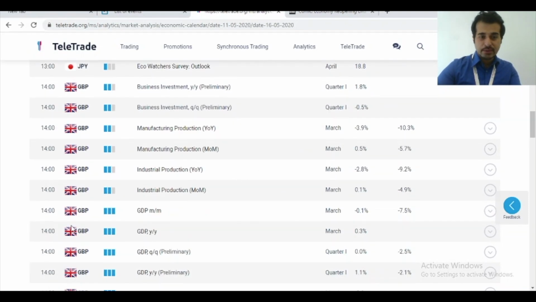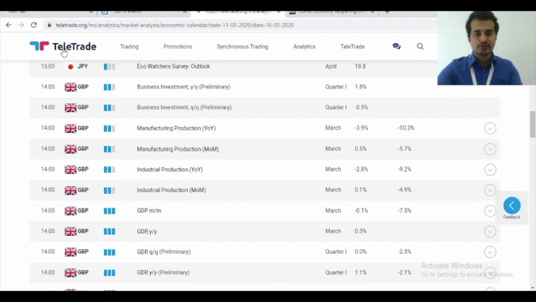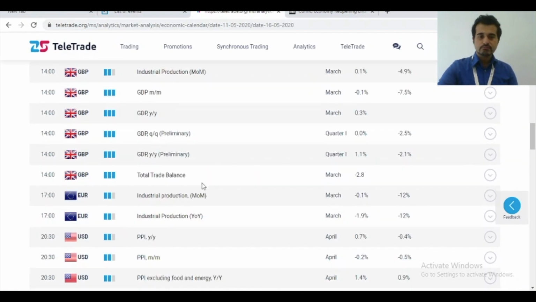Then we have GDP coming out from Britain, and also industrial production and manufacturing production. This will be very major data that will impact the strength or weakness of the pound. So guys, keep track of these numbers. It will bring huge volatility in the pound pairs.